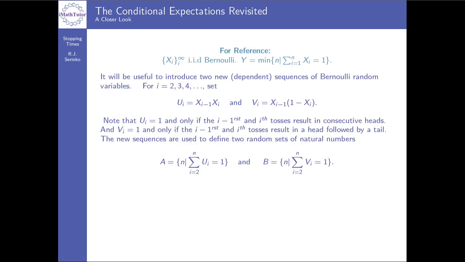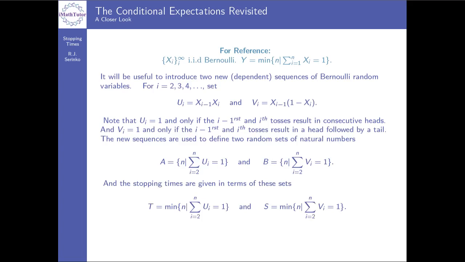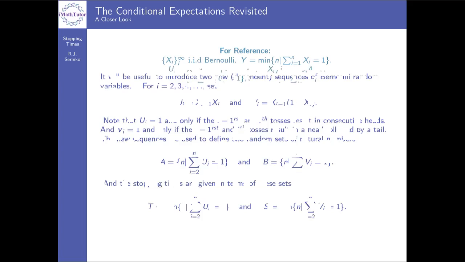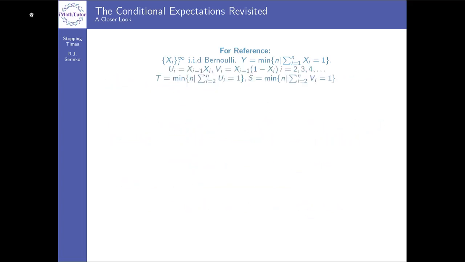So what we have again is that the stopping times are given in terms of these sets as the minimum n, mimicking what we did in the case of the geometric. We'll keep these up here for your reference.